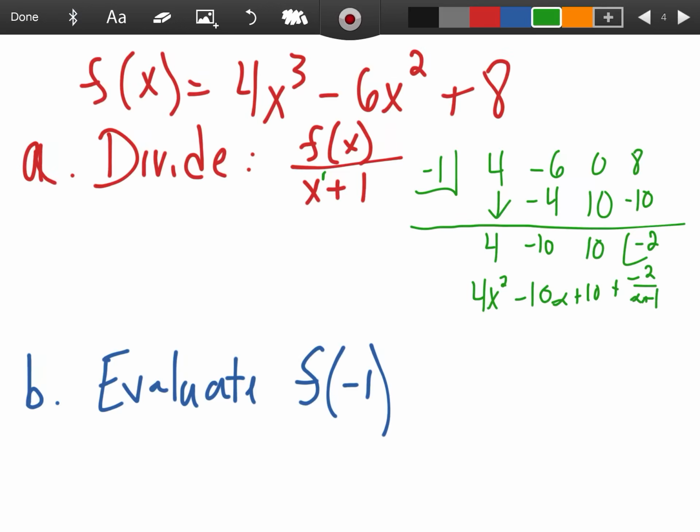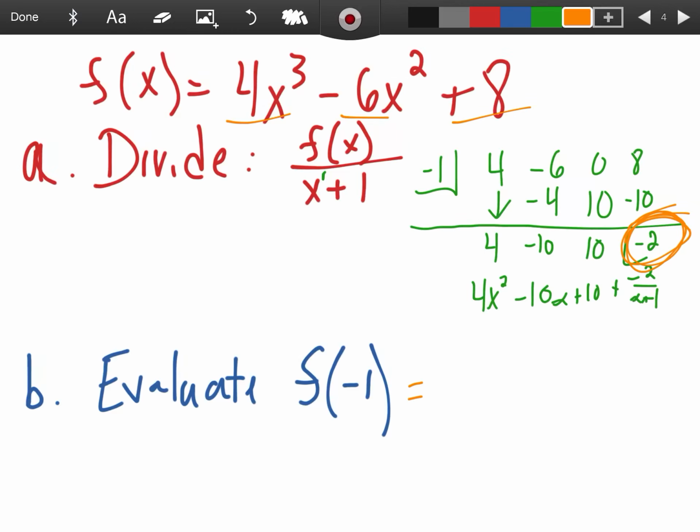What the remainder theorem tells us is that this negative 2 value is the same exact value as if I were to evaluate f of negative 1, plugging negative 1 into the equation up here. Let's check that it works.